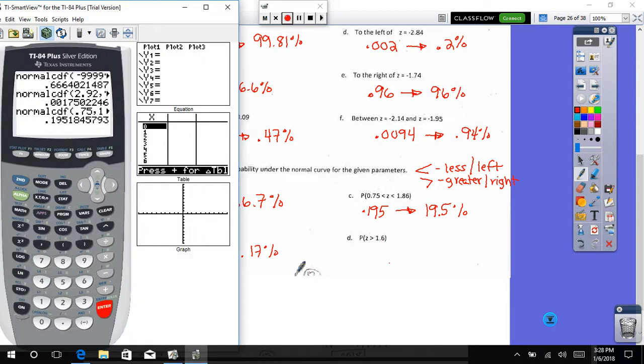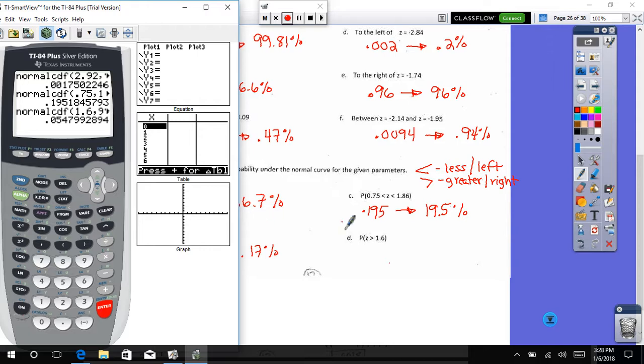And lastly, greater than that. So my lower is accounted for, and I don't know how high. My lower is 1.6. My upper is the unknown, so we're going to give it a big old number. Go down and paste it.